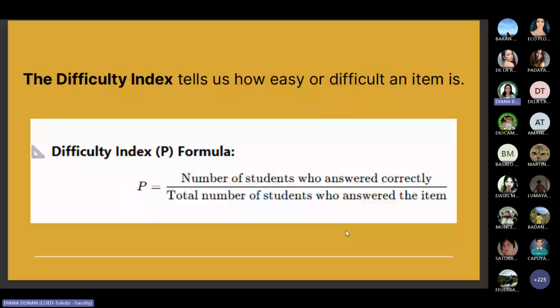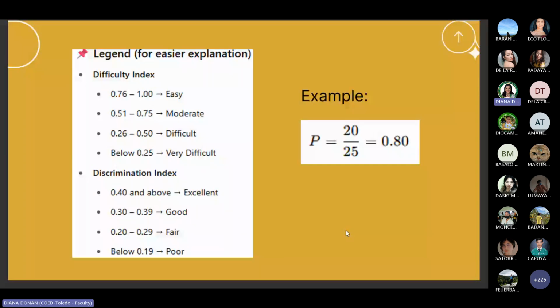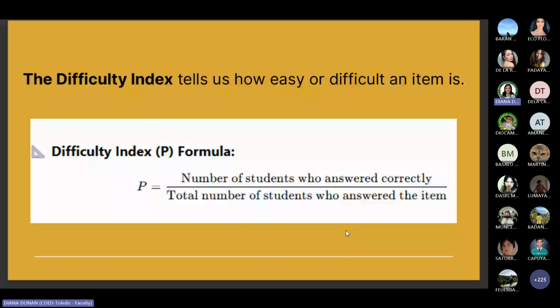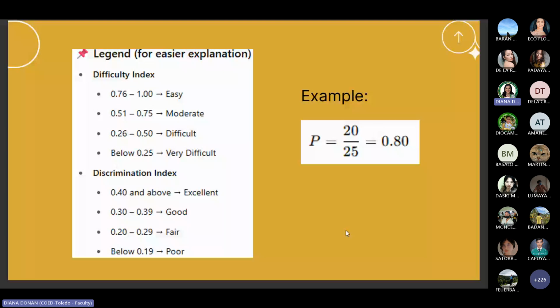Let's say we gave an item to 25 students and 20 got it right. Again, the number of students who answered correctly is 20. The total number of students who answered the item is 25. So 20 divided by 25 is equal to 0.80.